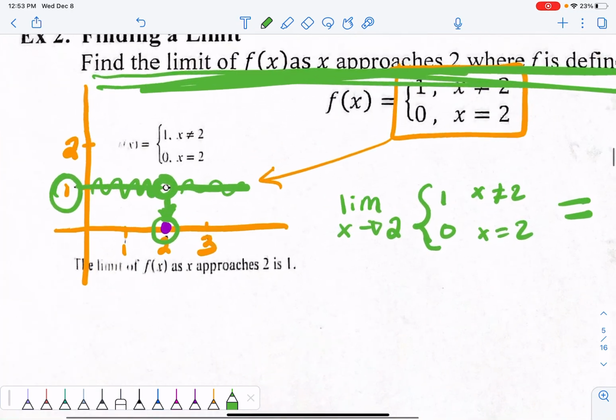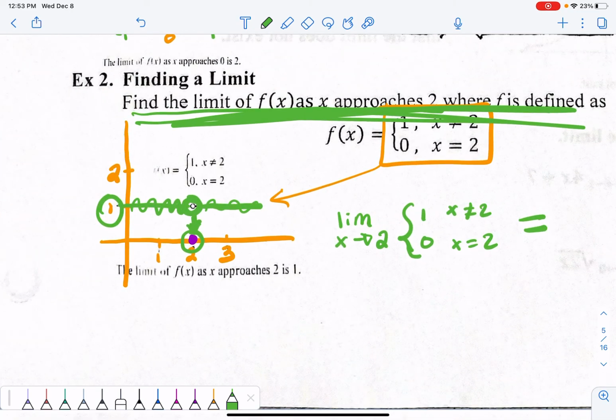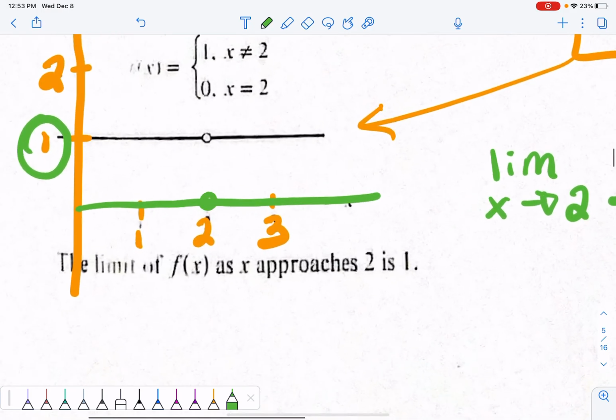So we're trying to figure out what the y-coordinate would be if it existed. Now, this is somewhat confusing because it actually does have a y-coordinate that exists there, right? Okay, it actually exists right here, and this point is (2, 0). So it has a y-coordinate of 0. But the limit is not 0, okay?